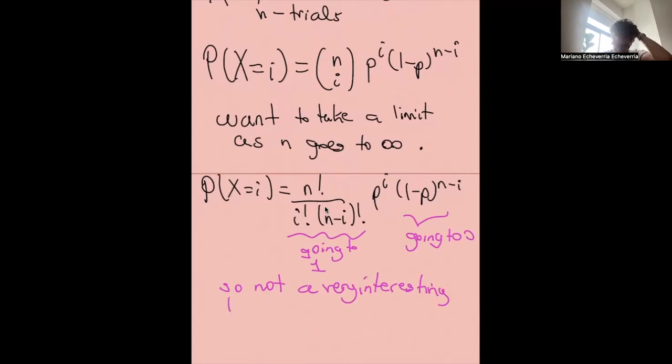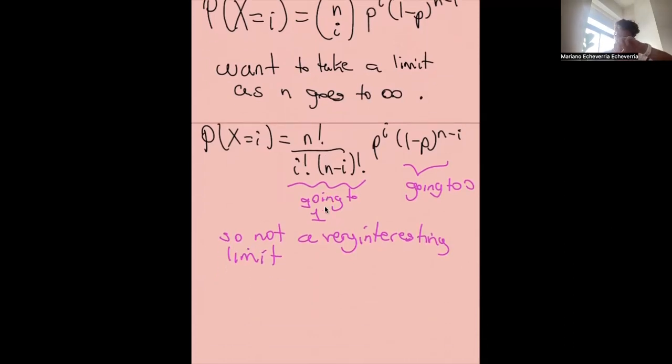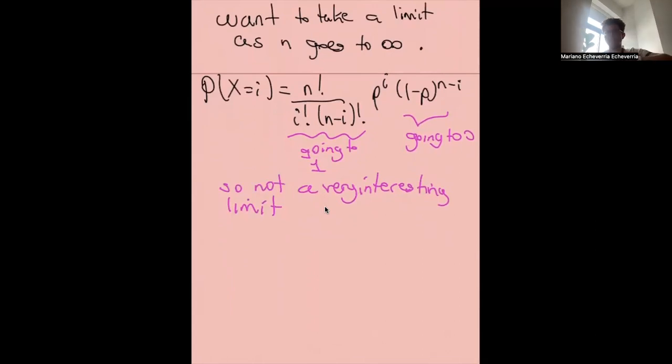So that's not the best idea, but what you can do to modify this is, as you're taking n going to infinity, you also imagine that p goes to 0. So the fix is, as n goes to infinity, take p going to 0 as well.